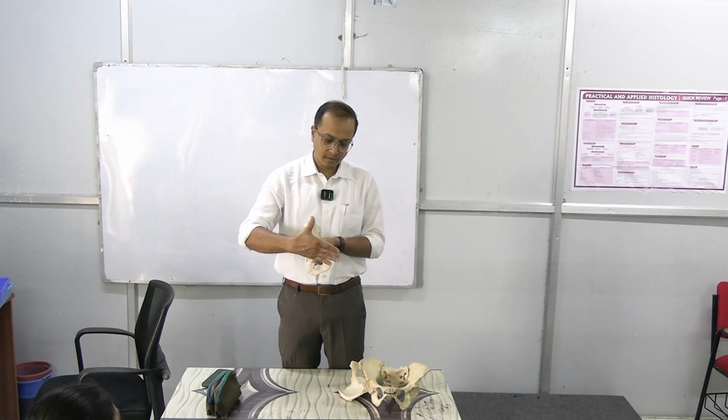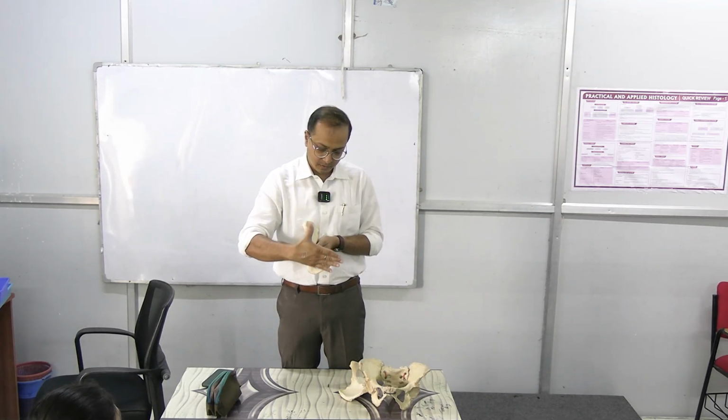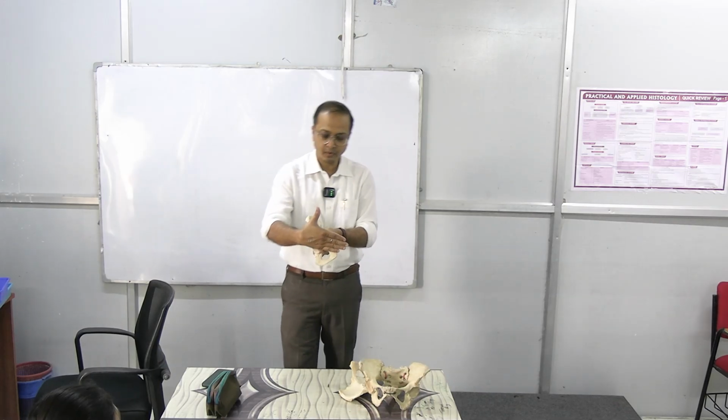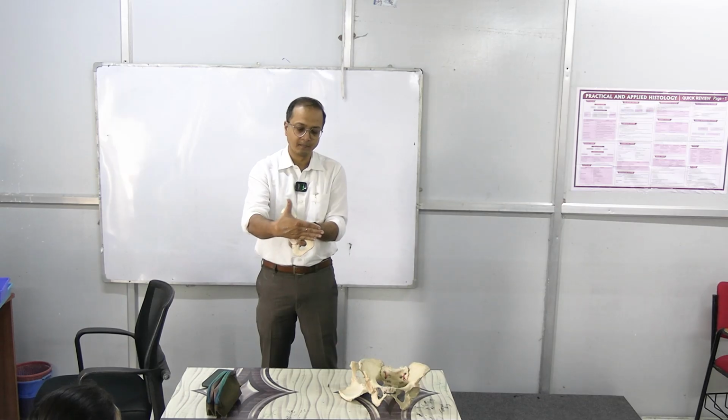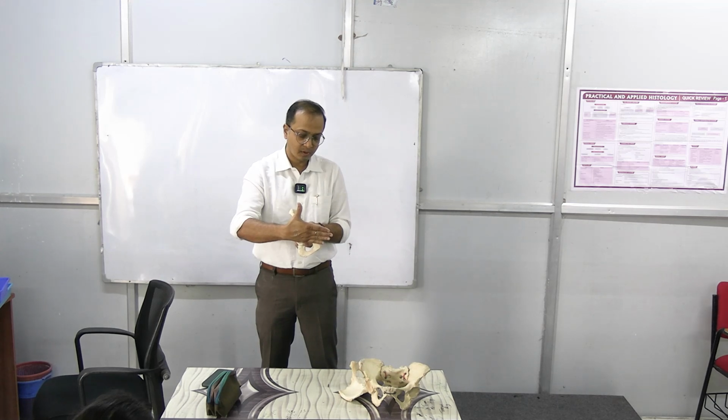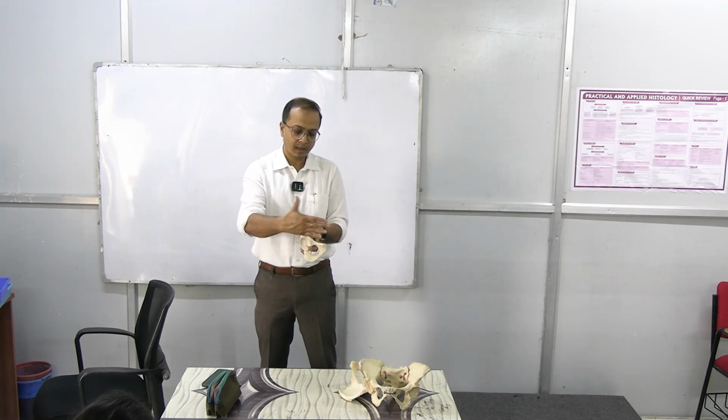If you draw a line, these two should be touching together. Keep the flat of your palm straight, and then touch the pubic tubercle and the ASIS together. When they are touching, that is the plane you have decided.